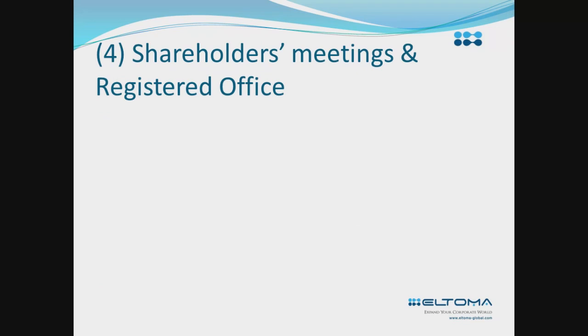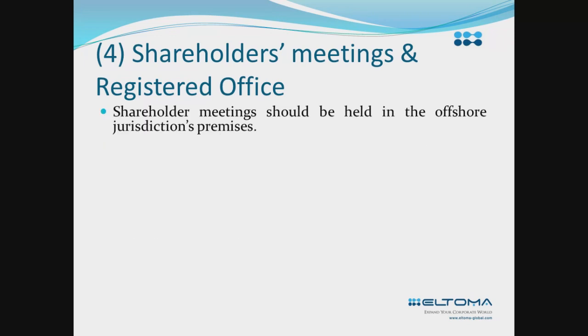A fourth and last indicator is the shareholders' meetings and the registered address of the company. As is the case with the board of directors meetings, shareholder meetings should preferably be held on the offshore jurisdiction's premises.